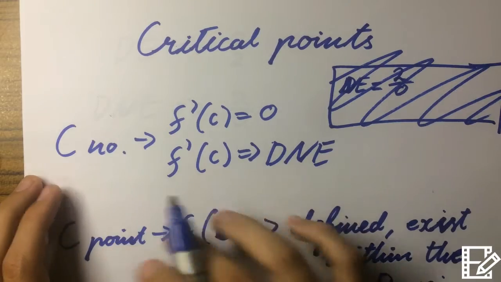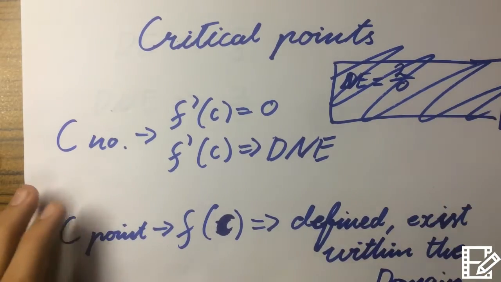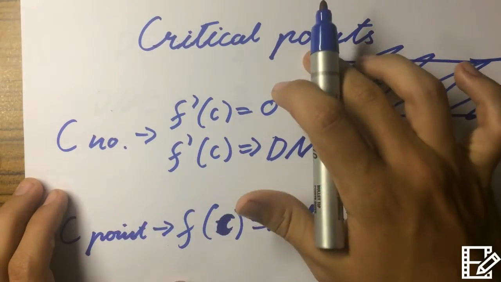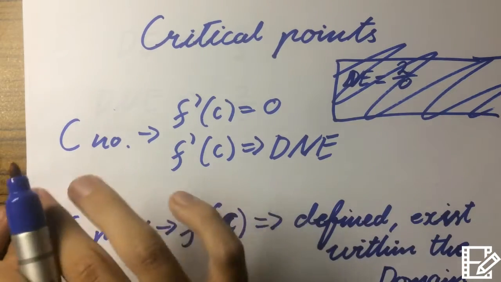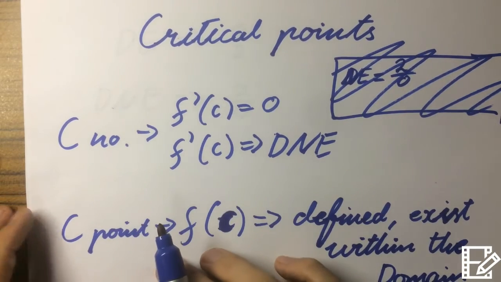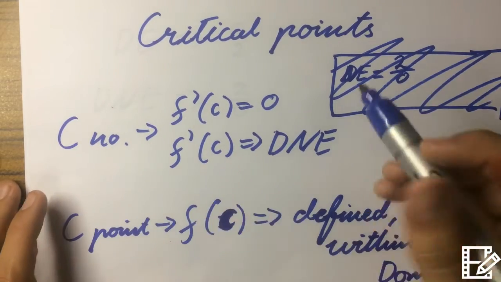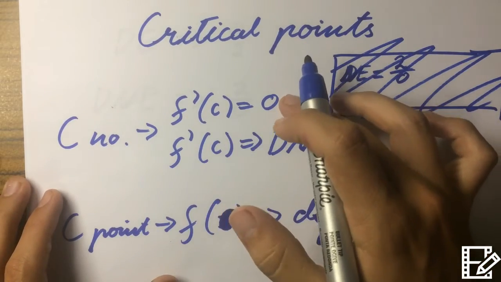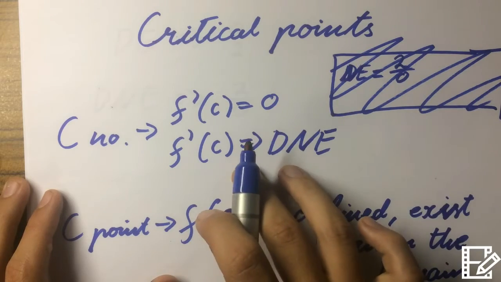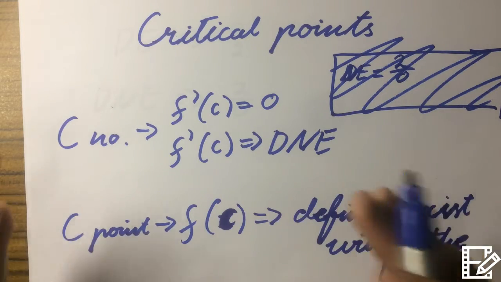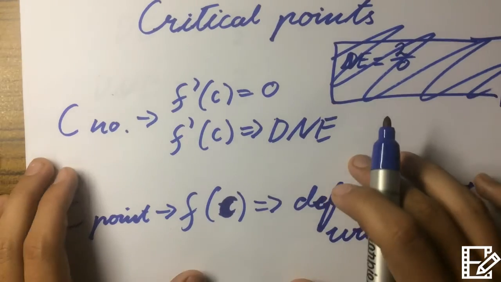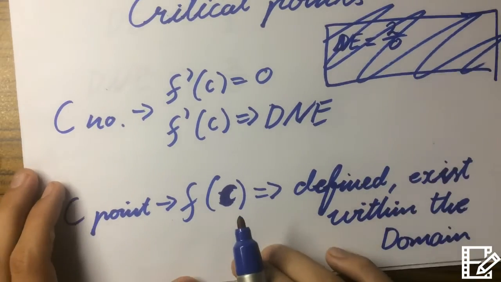But basically, if you haven't, a quick run over is that to find critical points, there are 2 steps. You have to find critical numbers, and then you sub them in and find critical points. What do I mean by sub in? Well, for critical numbers, you find the derivative of a function, set it to 0, or set it to not exist or undefined, and then you will find your critical number.